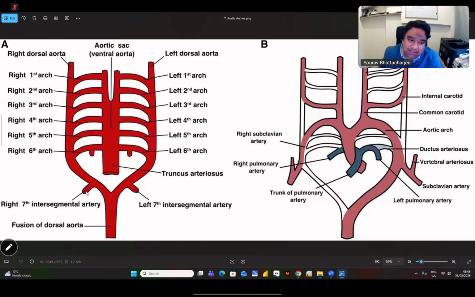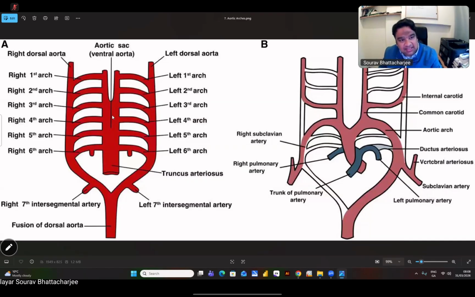In an adult animal, they form the intercostal arteries of the thorax and other segments, but let's not get into that. For the development of the cardiovascular system and the aortic arches, you have to remember the intersegmental artery right and left, the 7th one, because the 7th intersegmental arteries, right and left, form important structures, as we will note in a few slides.